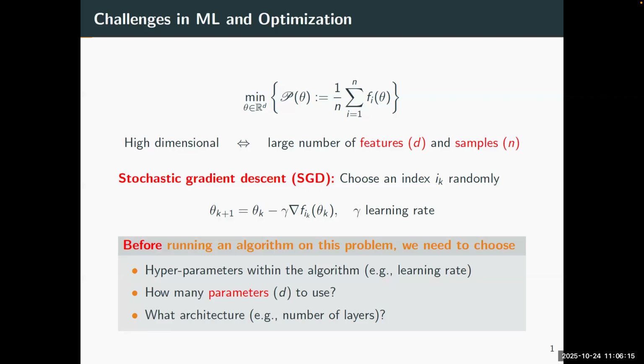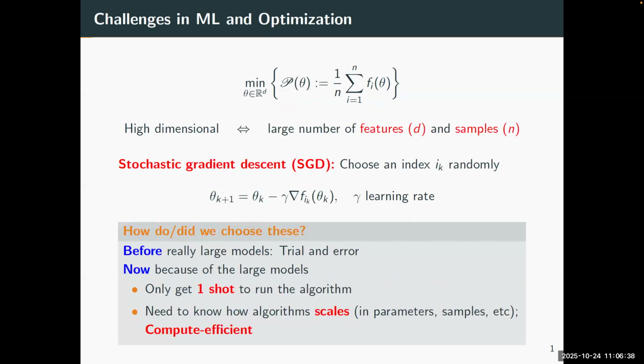We have to choose the hyperparameters for the algorithm, which is the one you're probably most familiar with. But in neural networks, which is very different from things in the past, you also get to choose the number of parameters, the number of neurons that you use. You also get to choose your architecture. These are other choices you may not have known about beyond the hyperparameters.